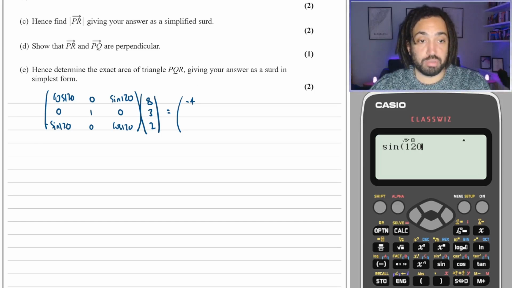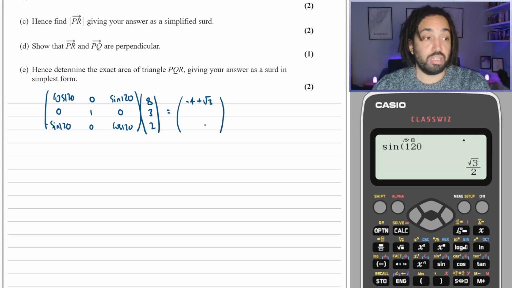So sine 120 times 2 is going to be root 3. I'm going to add those up, and that's going to give me minus 4 plus root 3. That's the top row. Now the middle row, so I do 0 times 8 is 0, 1 times 3 is 3, and 0 times 2 is 0, so it's just 3 there.